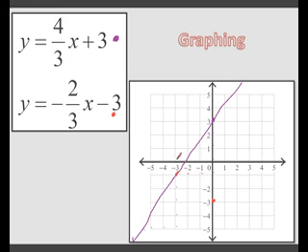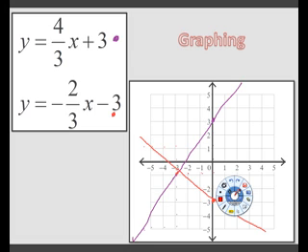Up 2, to the left 3. Again, it kind of goes off the graph there. That's okay. Now, I didn't draw a very good line there, but I can see where my line should have crossed. It should have been at this point right here.